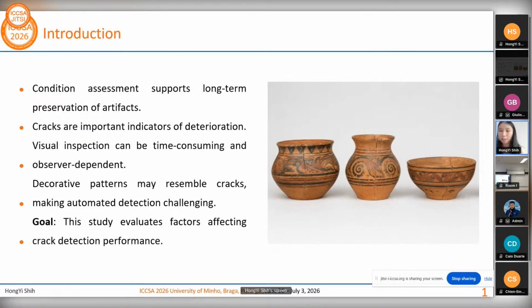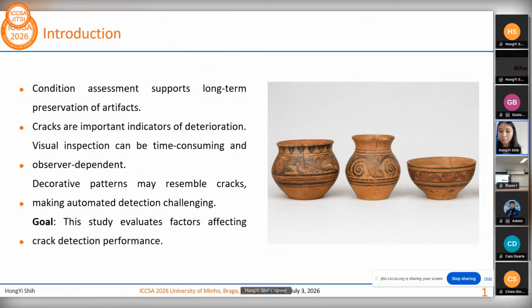However, condition assessment usually relies on visual inspection, which can be time consuming and may vary depending on the observer's experience and judgment. So computer vision and deep learning offer a possible solution for automated and non-invasive crack detection, making the assessment process more efficient.